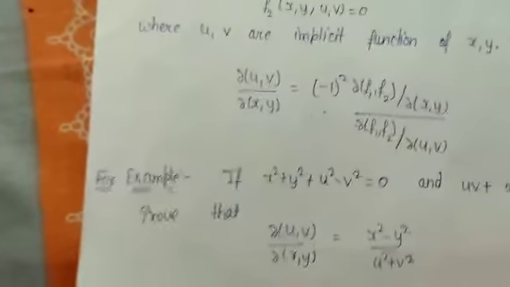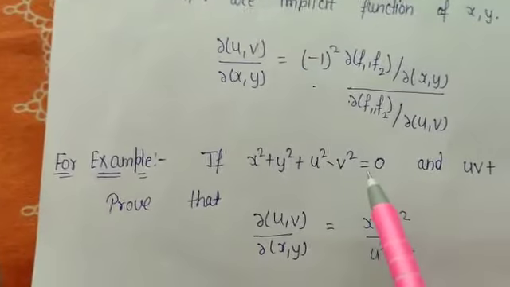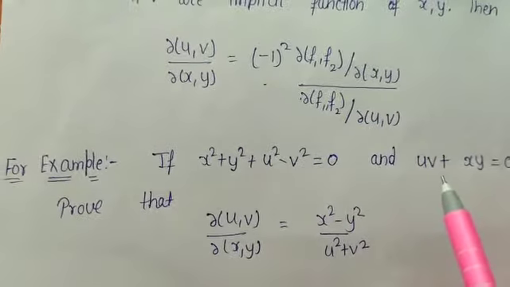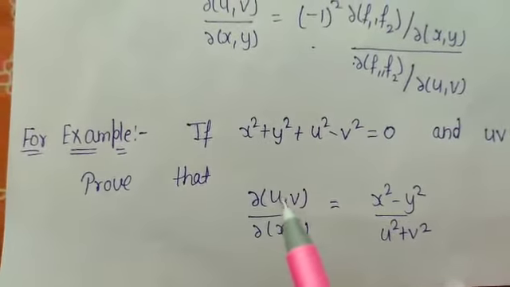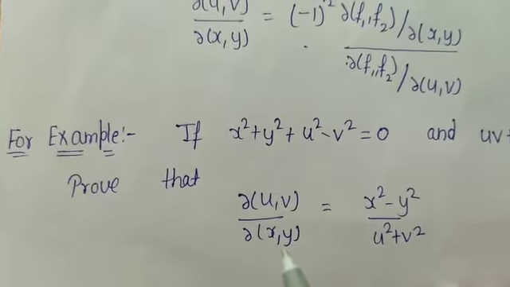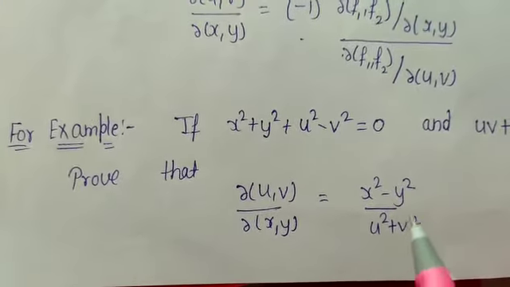For example, if x square plus y square plus u square minus v square is equal to 0 and uv plus xy is equal to 0, then we have to prove that the Jacobian of u, v with respect to x, y is equal to x square minus y square upon u square plus v square.